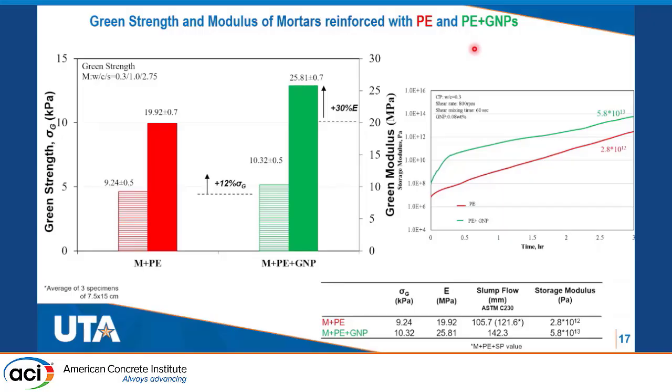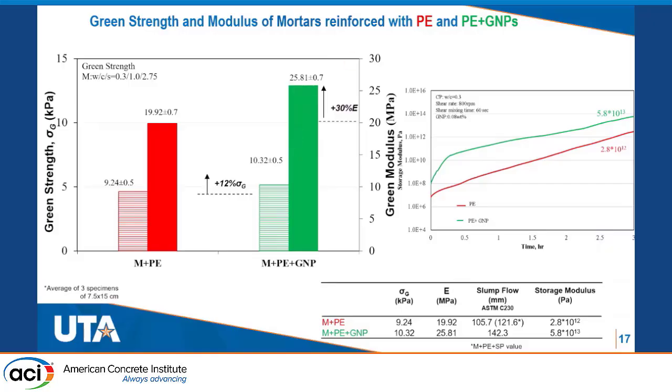However, the biggest effect of including exfoliated graphene nanoplatelets in these mixes, besides the flowability and storage modulus, lies in the enhancement of the green modulus of elasticity, where it takes more stress to cause the same amount of deformation.